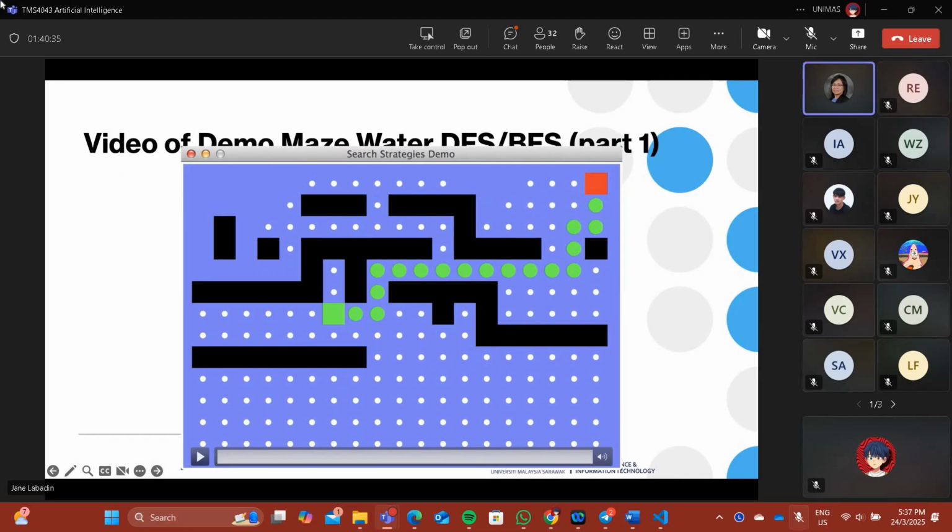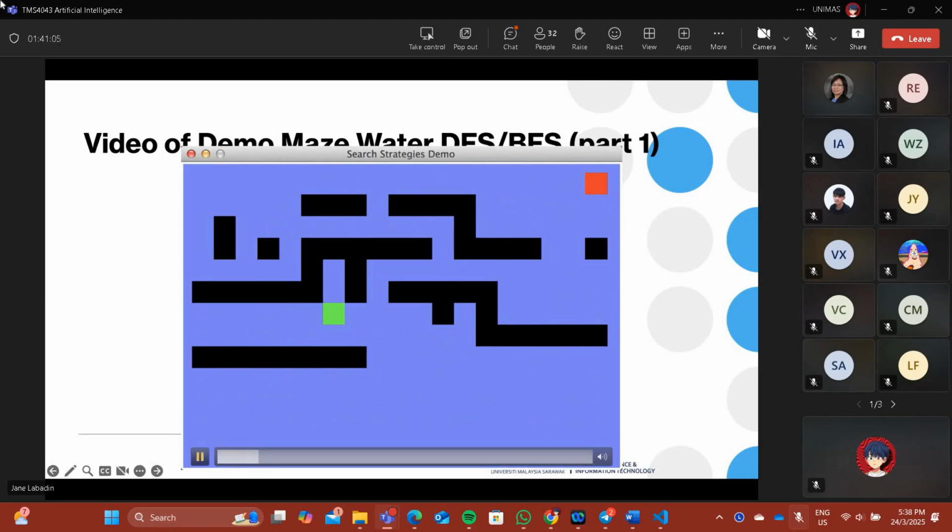That's the goal, for the green to move to red. And the dots are its nodes, the space that it moves according to the strategy. So what searching strategy did it use?